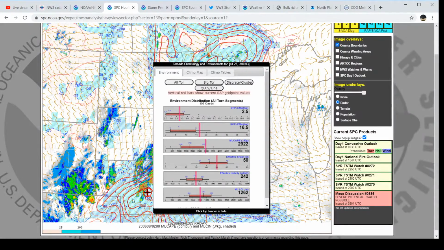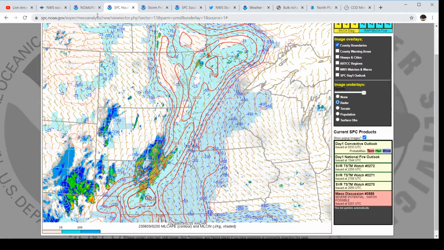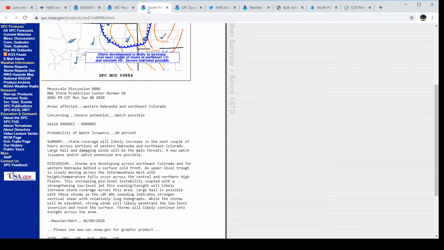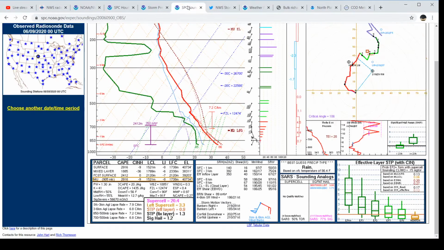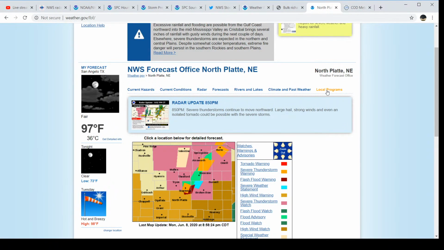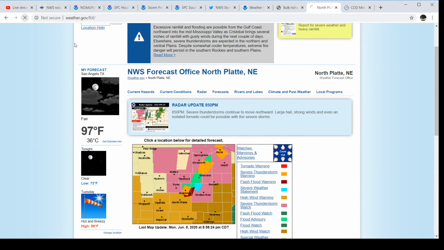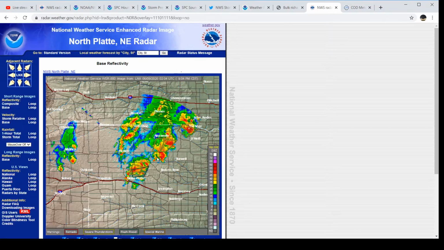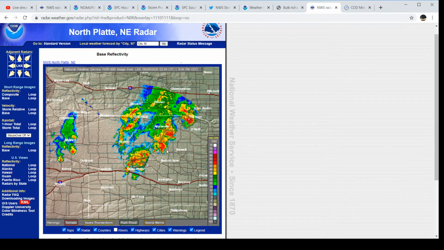Definitely this back end storm, as long as nothing impedes it. But I could be wrong. It does have to overcome convective inhibition. So my next storm to watch is this bottom one. I think it's this one right here. Let's watch that storm right there.